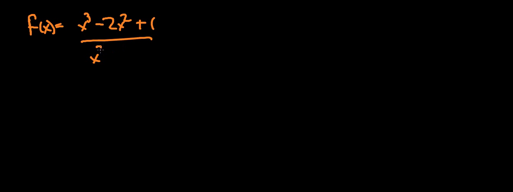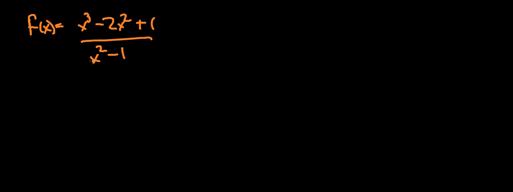So let's write that out again. We have f of x is equal to x cubed minus 2x squared plus 1 over x squared minus 1. And here we're going to be in a situation where we're not going to want to use synthetic division because we have an x squared, a second power polynomial.